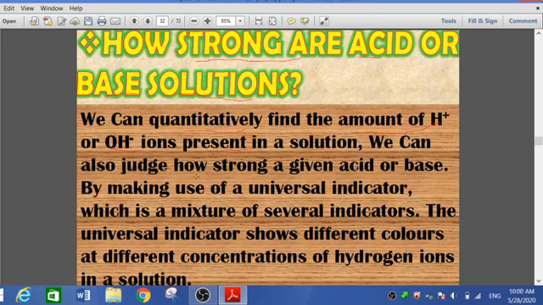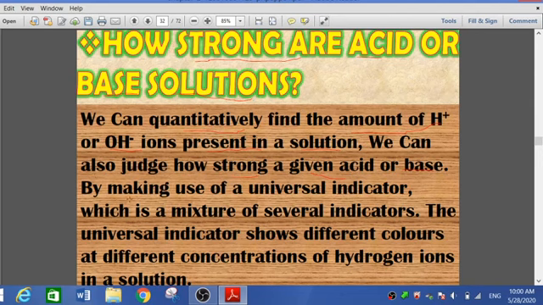We can also judge how strong a given acid or base is. The first step is to find the amount of H plus or OH minus ion present in solution. We can judge that strong acid or base.